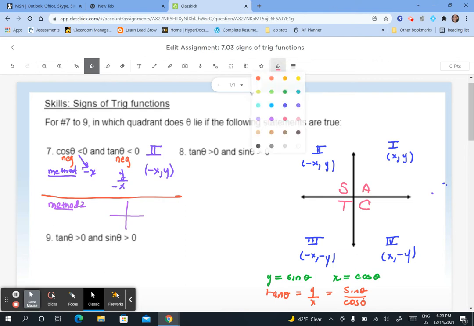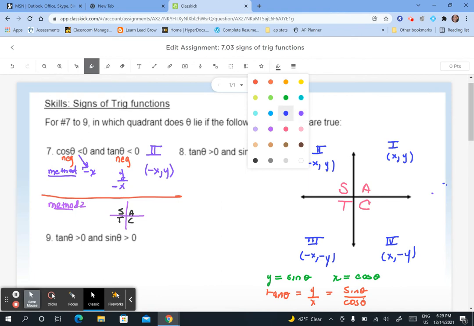So how does that help us in this problem? We can do all students take calculus, again, that's where the functions are positive, and do a checkoff list. So we know that cosine of theta is less than 0. That means it's negative. We know cosine's positive in A and C, all and C for cosine.